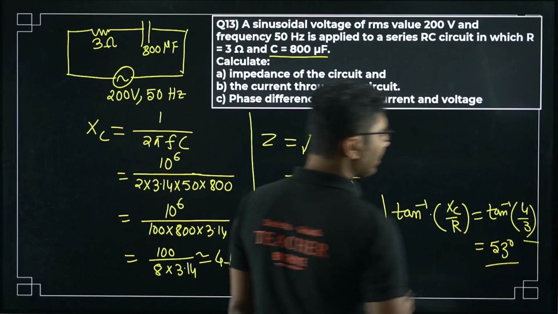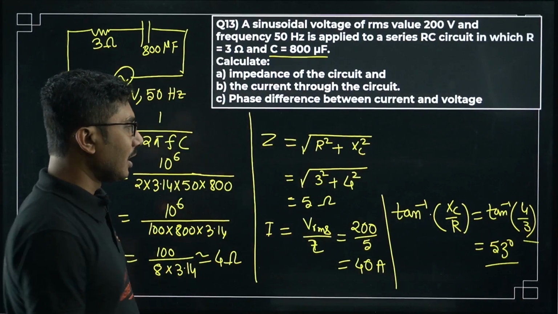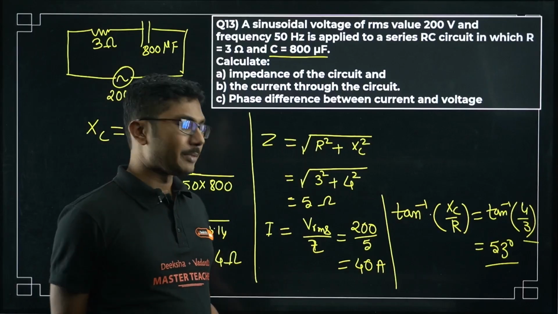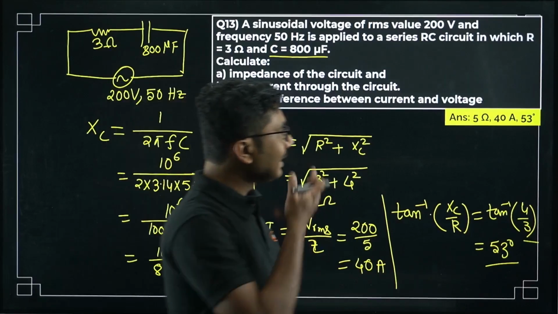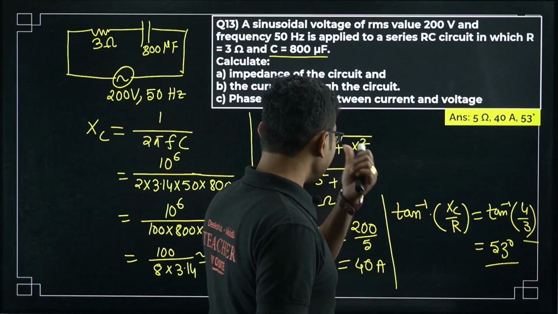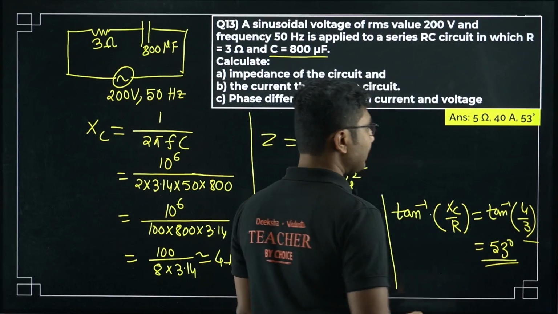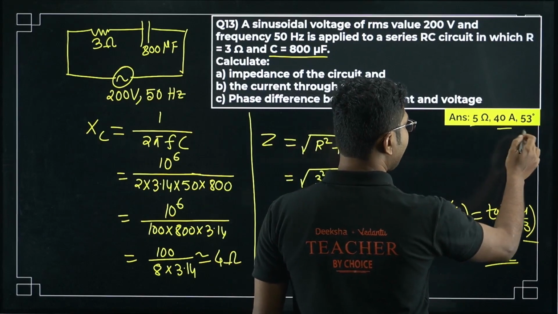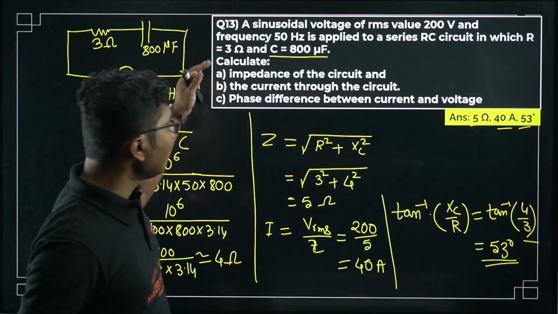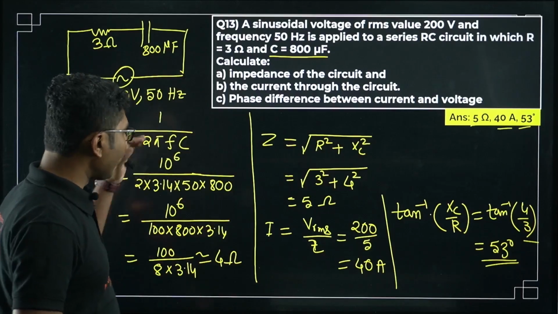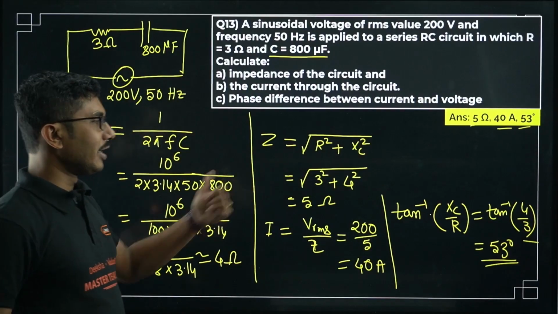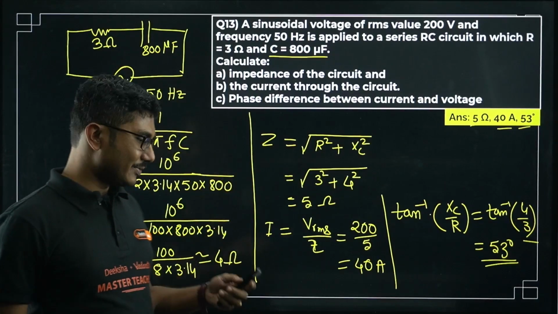This is standard tan inverse 4 by 3, not super standard, but if you are preparing for a competitive exam, that comes out to be the angle. Yes, so it will be 53 degrees is the angle of phase difference. So 5 ohm, 40 ampere, 53 degrees. This is a very standard problem, and all the values are given in such a way that you can calculate them without using a calculator as well, right?